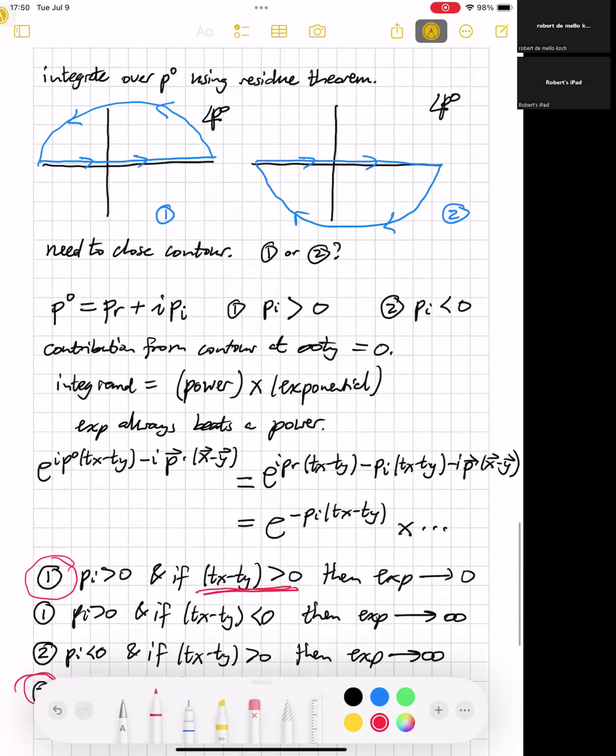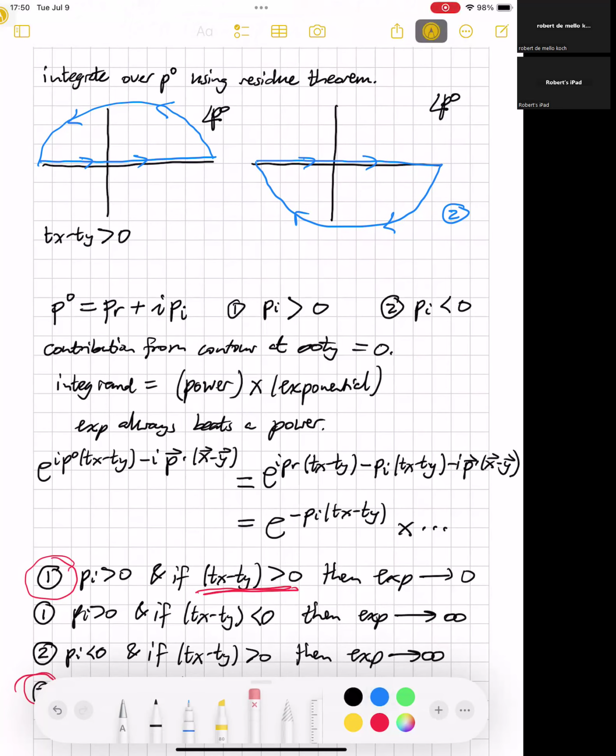So for path 1 over here, we can say exactly when we need to do this. So let's clean a little bit of space. We don't need this anymore. We finish this argument. So path 1, this one situation, we will do this when tx minus ty is greater than 0.